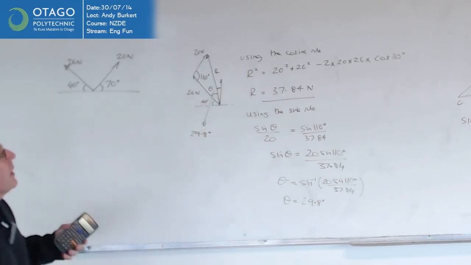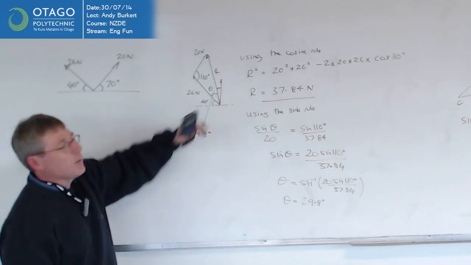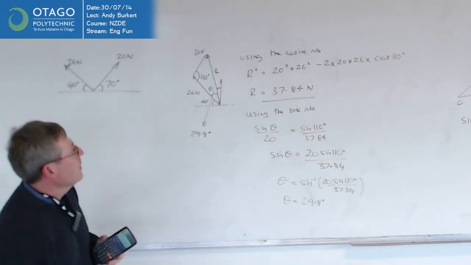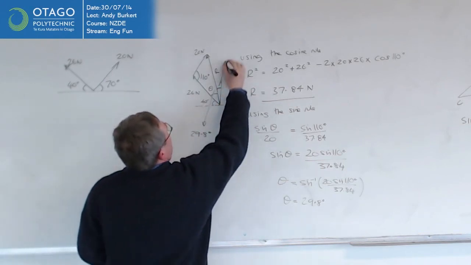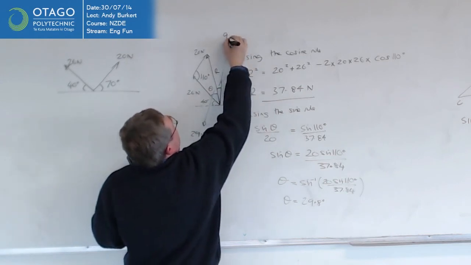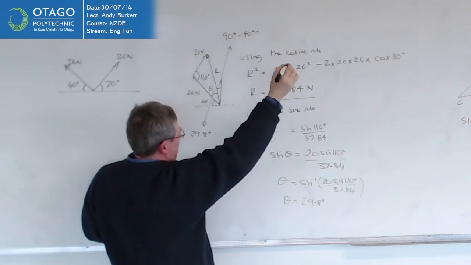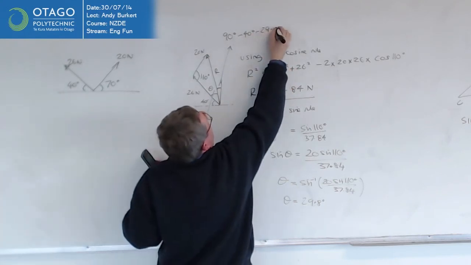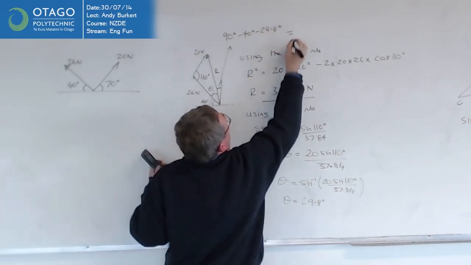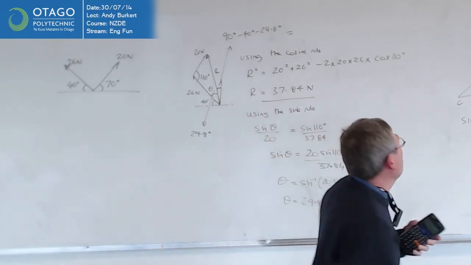That angle there is going to be 90 minus this minus the 40, yeah? So that angle in there is going to be 90 degrees minus 40 minus the 29.8. What did you say that was? 20.2 degrees.